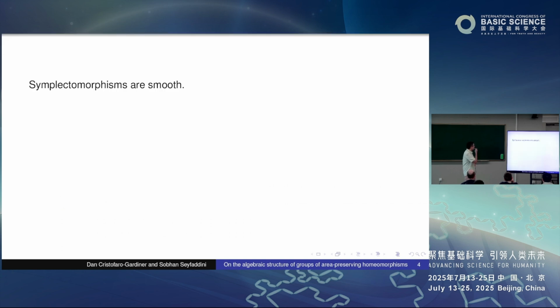One thing I want to comment on, for those of you who have some familiarity with symplectic geometry, is that symplectic geometry is a subset of smooth differential geometry. Symplectomorphisms are smooth objects. So when you write the equation describing a symplectomorphism, you're describing conditions on the derivative of the map phi.